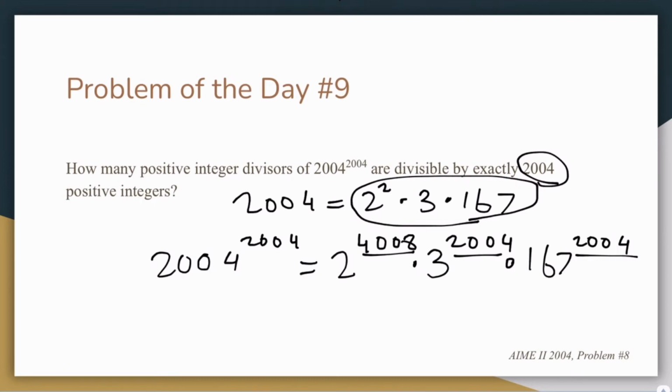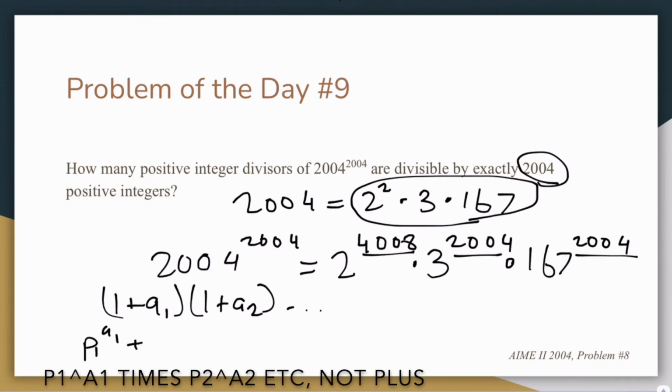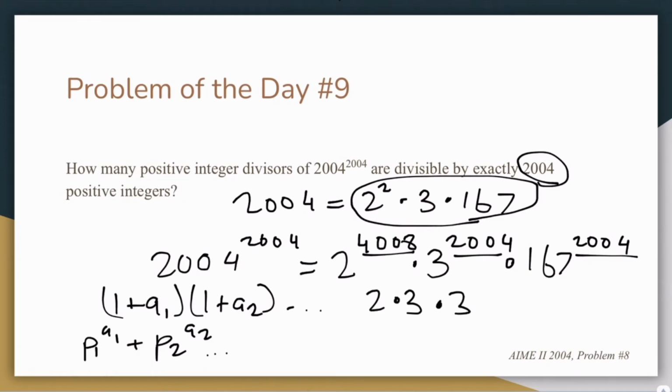Recalling the number of factors formula, which is 1 plus a1 times 1 plus a2, etc., if the prime factorization is p1 to the a1 times p2 to the a2, etc. Therefore, the number of ways to do this is 2 times 3 for the 2, since we can either have them together, which is 3 ways, or separate, which is 3 ways, times 3 ways for the 3, and then 3 ways for the 167. And this is just 54, which is our answer.